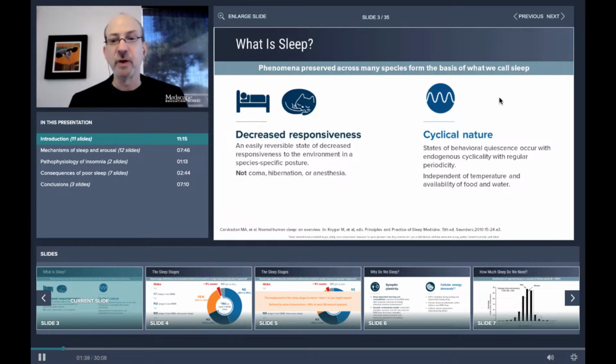But another factor is that it's cyclical, and that it's states of quiescence that recur with regular endogenous cyclicity that isn't dependent on temperature or availability of food and water as occurs with hibernation. And in mammals and in birds, there are a set of phenomena that occur during sleep that are referred to as sleep stages.